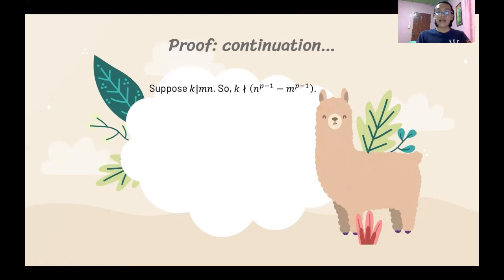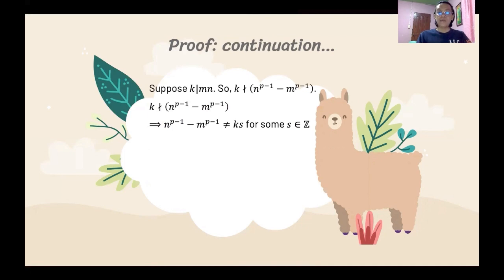k divides mn. So k does not divide the quantity n raised to P minus 1 minus m raised to P minus 1. By division algorithm, we have n raised to P minus 1 minus m raised to P minus 1 is not equal to k times s for some s an element of the integers.